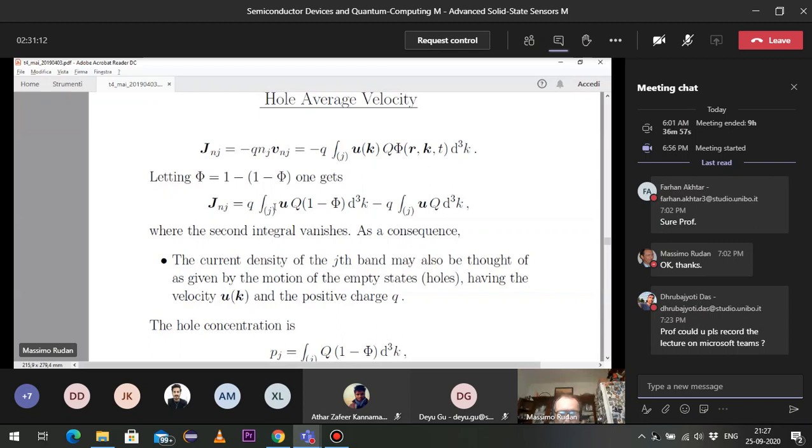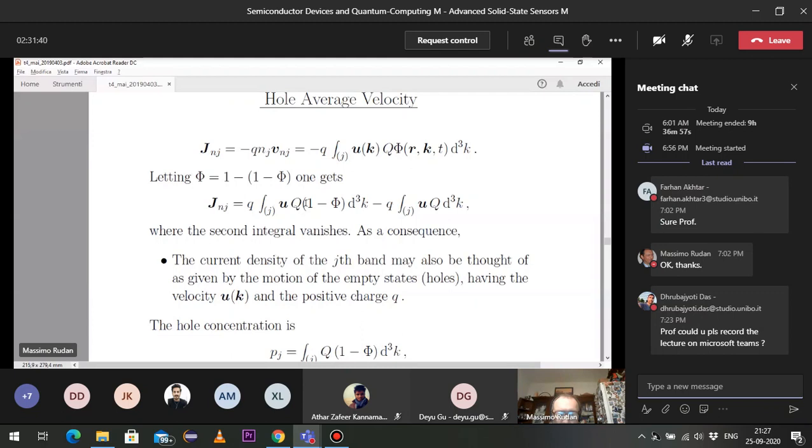And the first integral is, you can see, an average velocity taken on the empty states, because instead of using phi, that is the probability of the state of being filled, we are using 1 minus phi, that is the probability of the state of being empty.